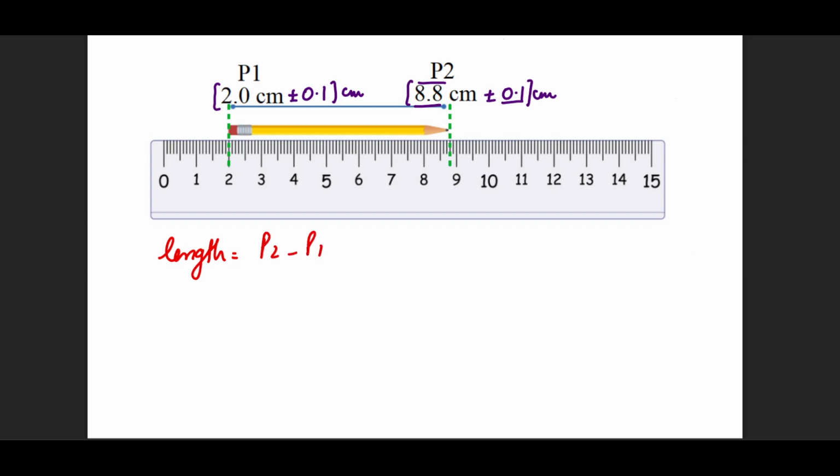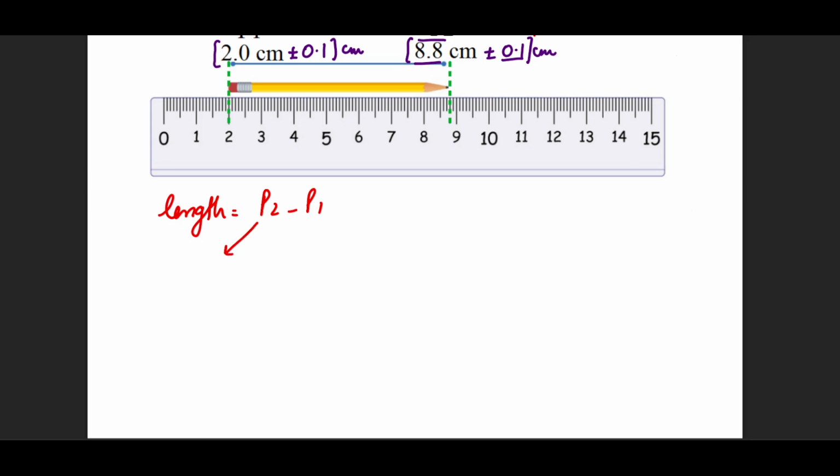So here you are using a subtraction function, right? Now, if there is an absolute error involved in the readings, how do you deal with that? There are going to be 2 steps for this. The first step deals with calculating the true value, or the calculated answer. The second step deals with calculating the absolute errors in these readings, collectively.